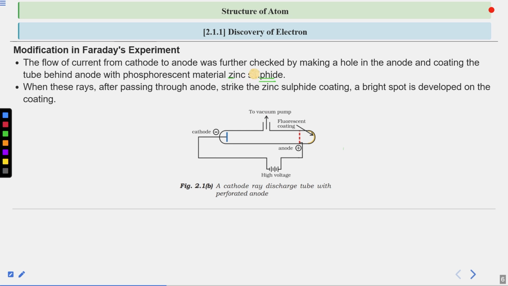So as soon as this particle hits your zinc sulfide coating at the back, it starts to glow. Now this created a buzz that we have something that is flowing through this vacuum, hitting the anode, making the current flow, and that is being confirmed with the help of the fluorescent coating that starts to glow as soon as the high voltage is supplied.